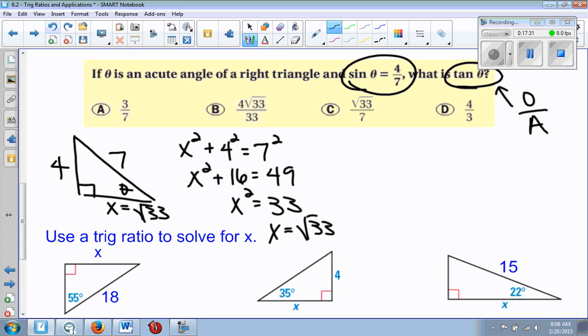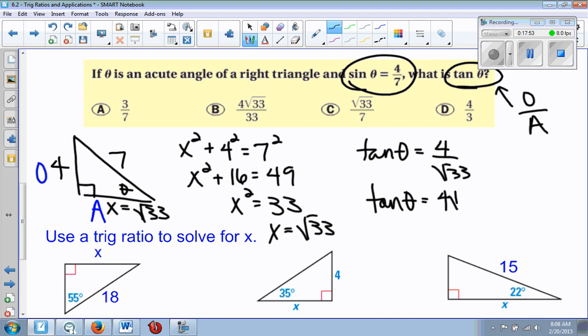Now, if I want tan theta, we have to use the opposite from theta and the adjacent from theta. So we're using the 4 and the root 33. So tan theta is 4 over root 33. Now, if you'll notice, that's none of the answers because that's technically not simplified. So you need to rationalize the denominator, and we get 4 root 33 over 33. There is your answer, letter B.